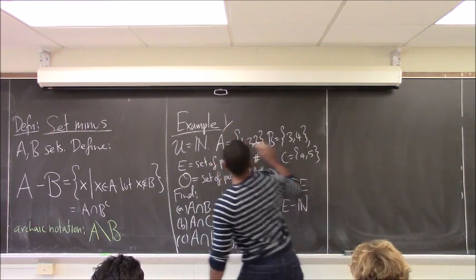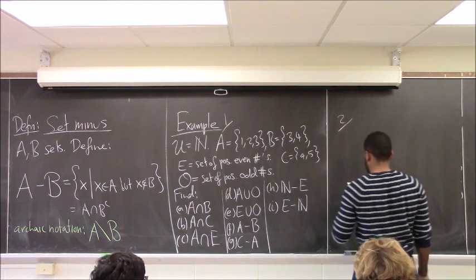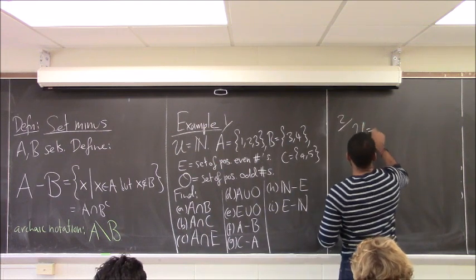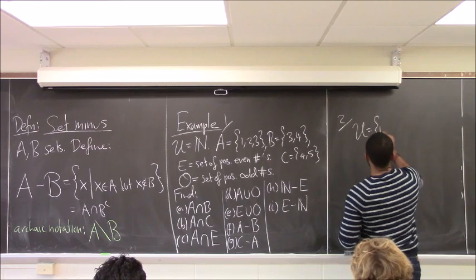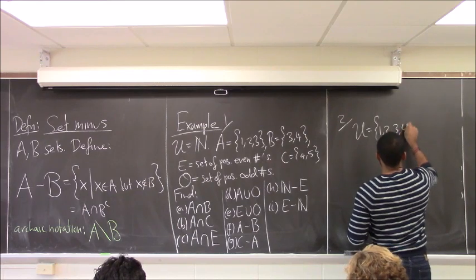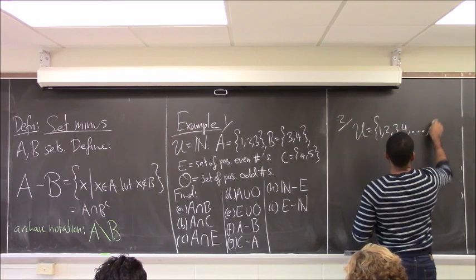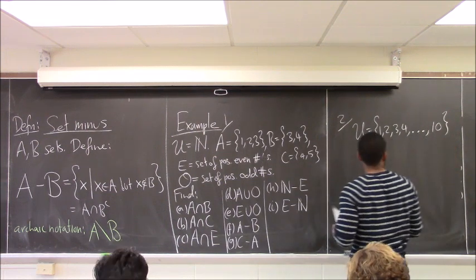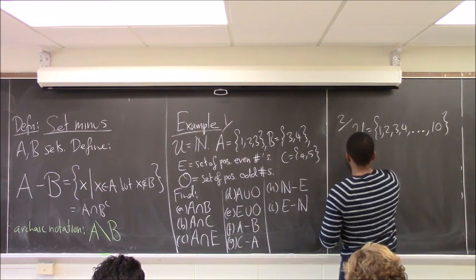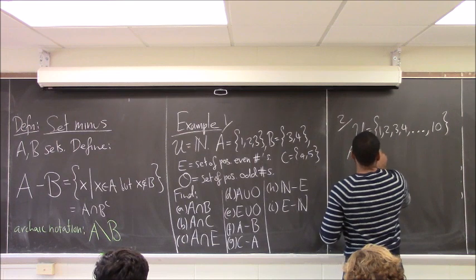So example 2. Let's look at a finite universe, the set of all integers from 1 to 10, let A equal the following sets.